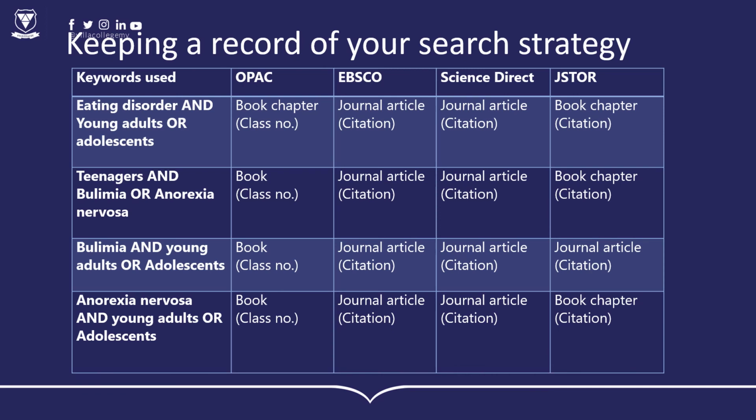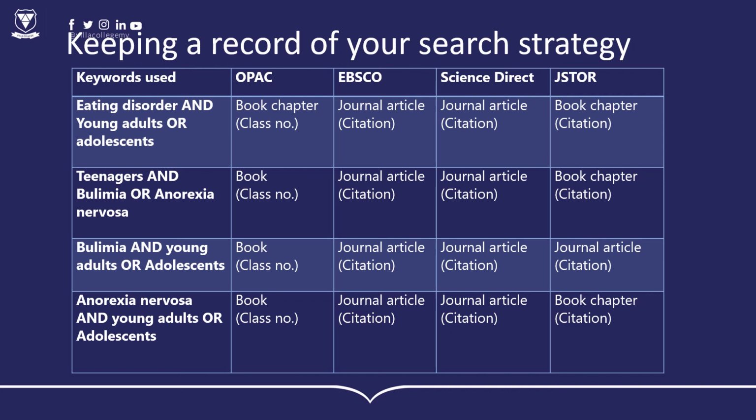The table shows a record of such a search strategy used for the topic eating disorder in teenagers. There are 3 books, 4 book chapters, and 9 journal articles found using different keywords with the help of Boolean operators using OPAC, EBSCO, ScienceDirect, and JSTOR. Keeping a record of your search strategy is very important.